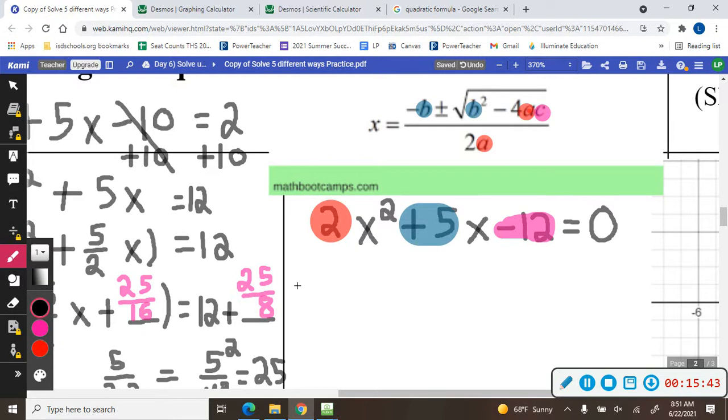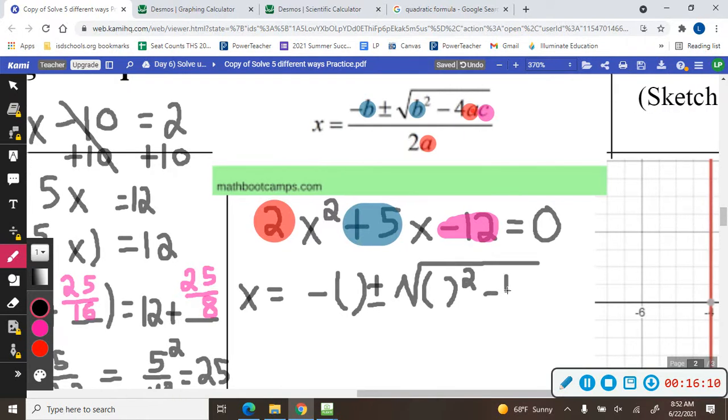So you're going to have x equals negative, plus or minus square root, and it's going to be negative something, and it's going to be something squared minus 4 times something, all over 2 times something.